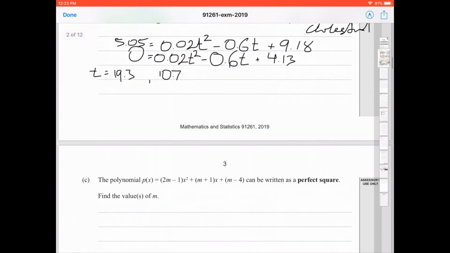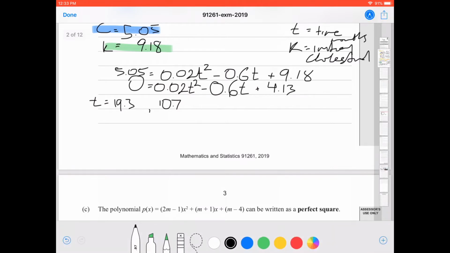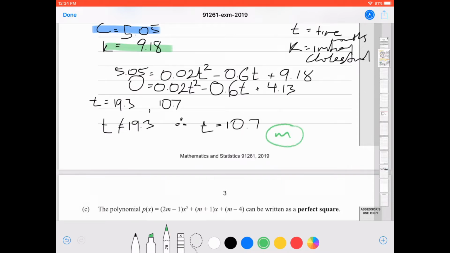And so that means one of our values for t obviously is not valid, so t does not equal 19.3, and therefore only answer t equals 10.7 here. Okay, correct answer, t equals 10.7 months gets you a merit, and your achieved quadratic equation set equal to 0. So this step here will get you an achieved.